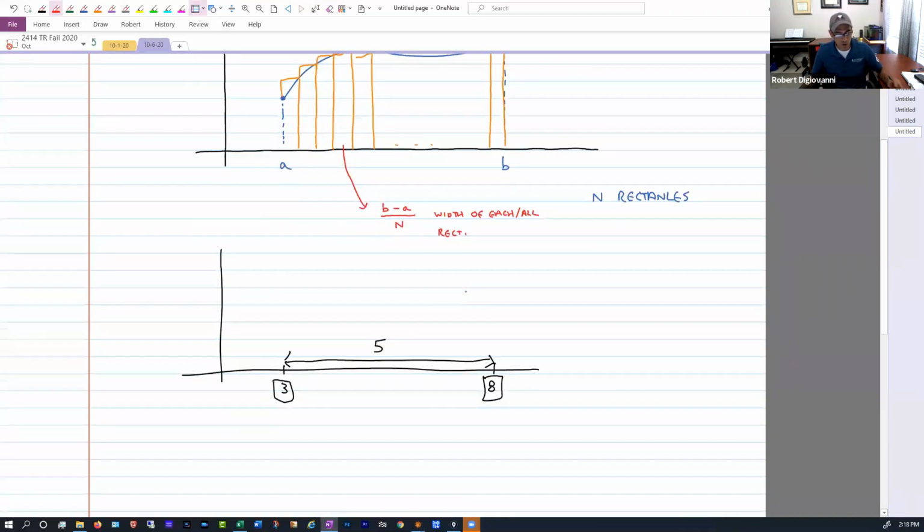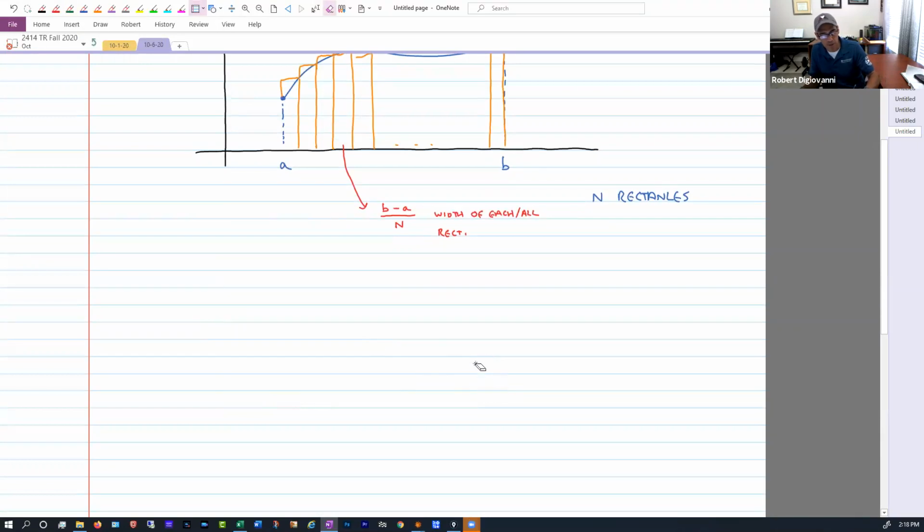In terms of formulas, if I were looking for the area of rectangle 1, I'm not quite sure what I'm going to plug into the function, but I can tell you that its width is b minus a over n. And same with rectangle 2. The area of rectangle 2 would be the function evaluated somewhere, but the width is b minus a over n again. Do y'all see that?